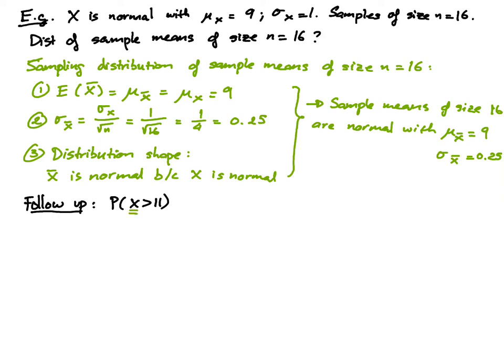So we're being asked about the variable x. Now remember that x is normally distributed with a mean of 9 and a standard deviation of 1. So we know then that x is not standard normal.